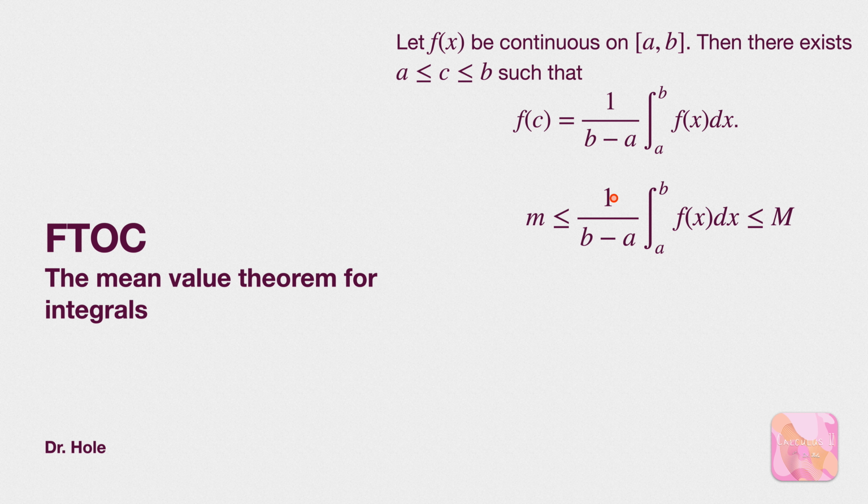And with this constant 1 over b minus a in front, this is the average value. But this is just some value y tilde that's bigger than the minimum of little f and smaller than the maximum of little f.